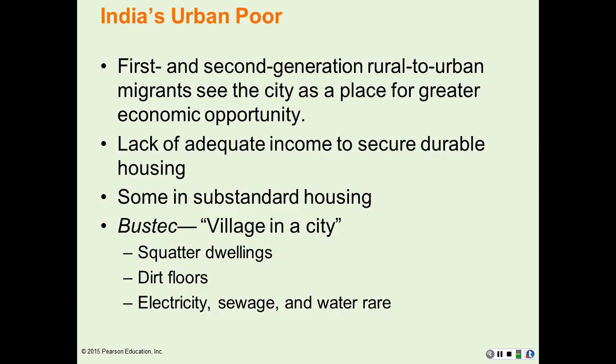Bustees or villages in the city are the places in some of these larger cities where there are squatter dwellings. People live with dirt floors, cardboard houses, or cast-off construction materials. And in these regions, electricity, sewage, and water is rare. There are many people who simply live on the streets and have no dwelling at all.